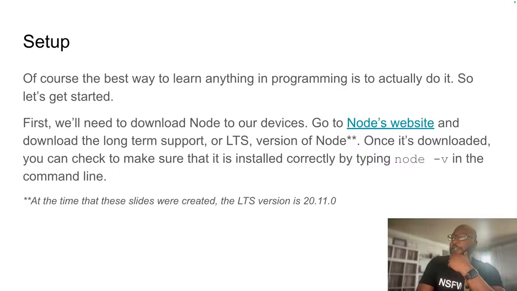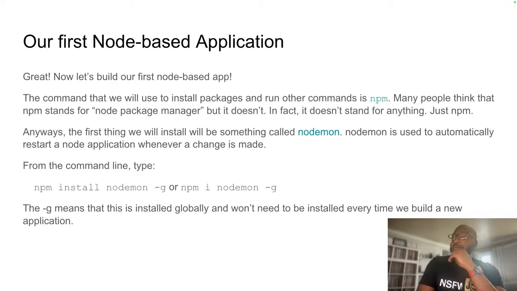So it's still going to work just fine. But get the long-term support version of Node, and then you can check after you've installed it. You just type node -v in the command line from your Git Bash terminal.